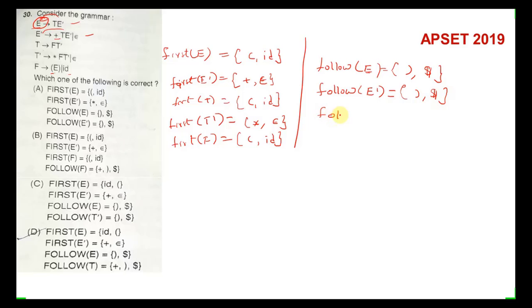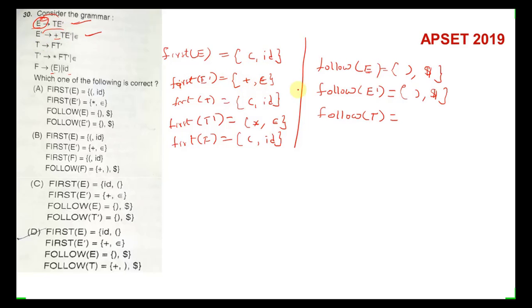Okay. Next, we calculate the follow of T. We have to find where T is in the right hand side of the production rules. In the right hand side we have a T here, as well as a T here. First take this production rule: after T follows E dash, which is a non-terminal, so we have to find the first of E dash.